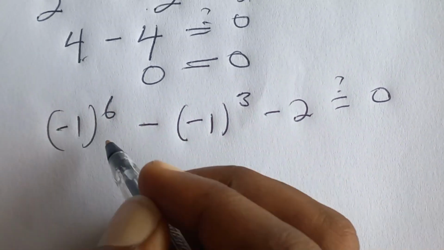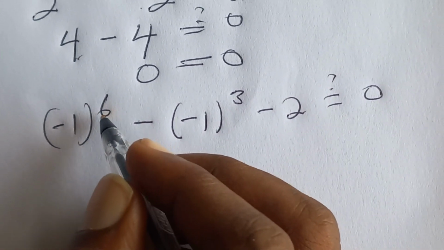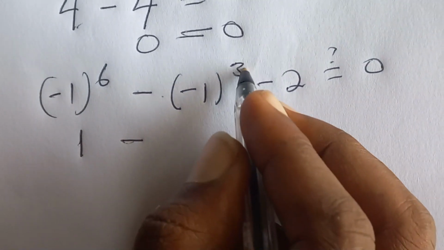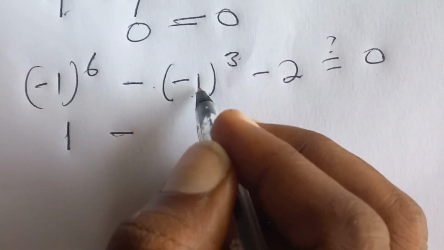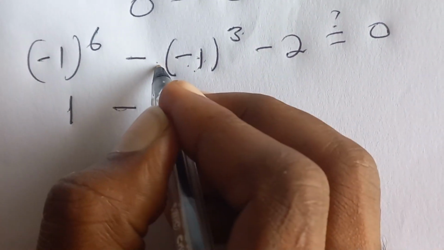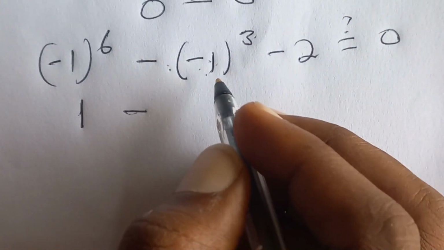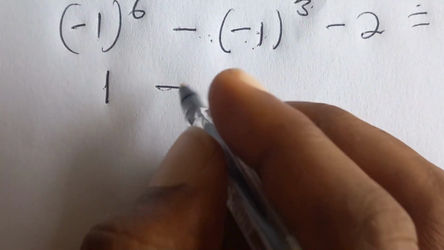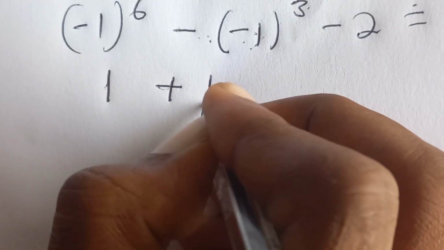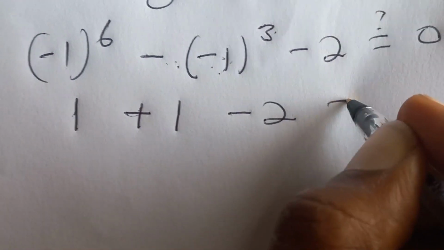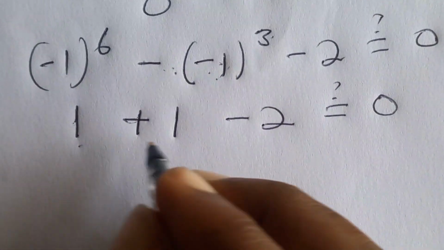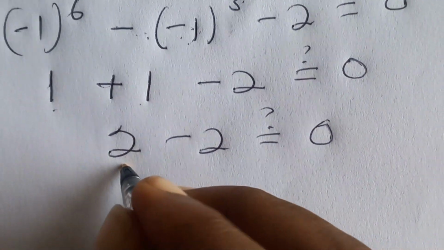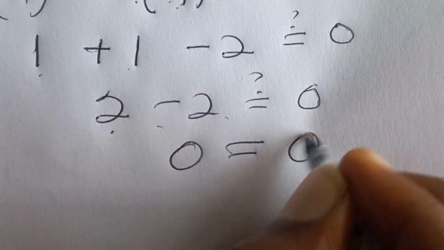So from here, the power is 6, which is even, so we are going to get a positive value here, minus this, and this is odd, so it will be -1. -1 times negative, we are going to get +1. Okay, minus 2 is equal to 0. So 1 plus 1 is 2, minus 2 is equal to 0. 2 minus 2 is 0, equal to 0.